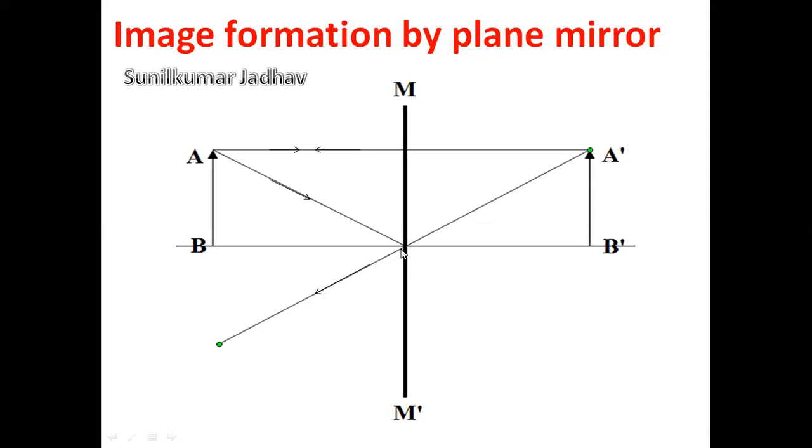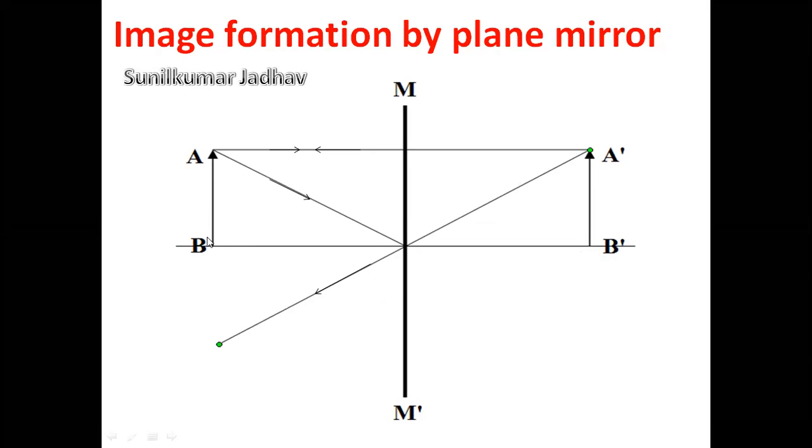Normally we know that the object distance is denoted by u in optical physics, that OB is the object distance and OB dash is the image distance. The object distance is denoted by small u and the image distance by small v. In that case, we can say u is equal to v, or in other words, OB is equal to OB dash. This is number one, that the object distance is equal to the image distance.